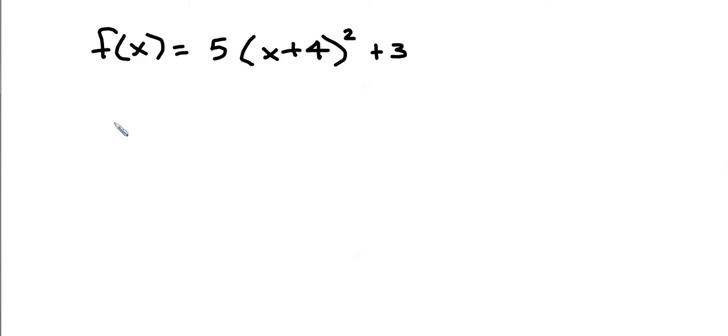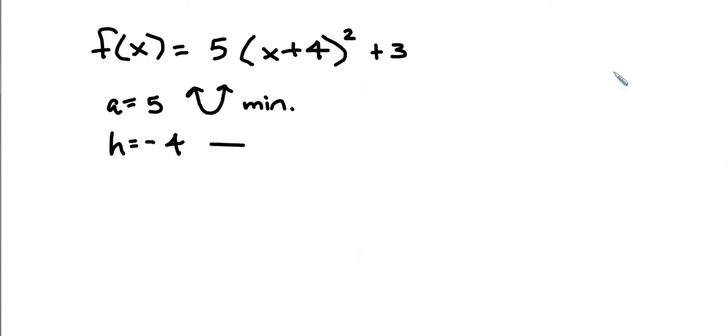So what we need to know is a, of course that's 5. Right away it's positive, so you can say, oh, I know it's going to open up, and I'm going to have a minimum value. h, in this case, h has to be -4.